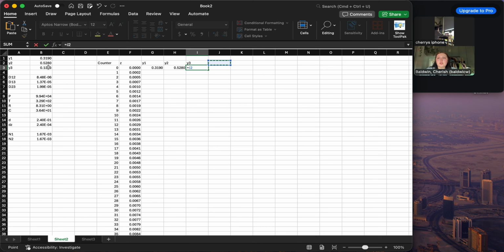And now let's calculate the Stefan-Maxwell equation for acetone, which is dy1 over dr. That is our scaled position.